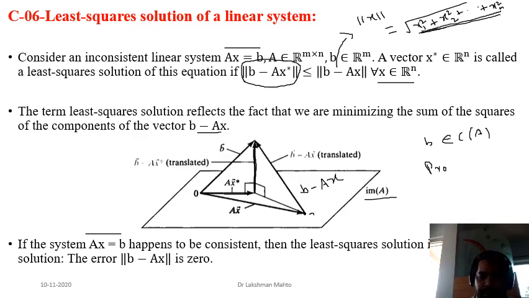That perpendicular part we are also calling error. So the error part is zero. So the projection of b in this case would be b itself, and the error part or perpendicular part would be zero.